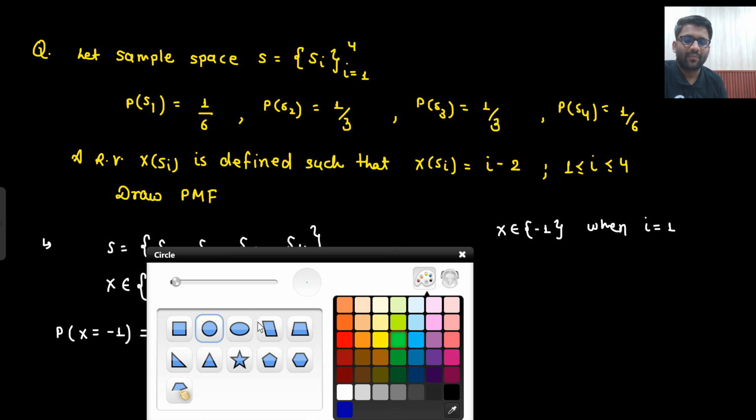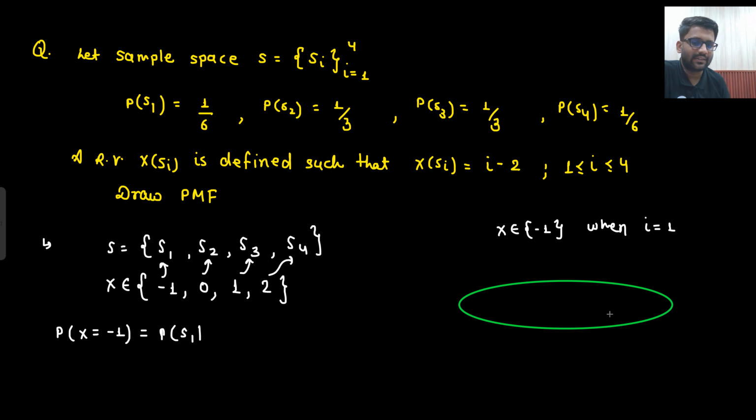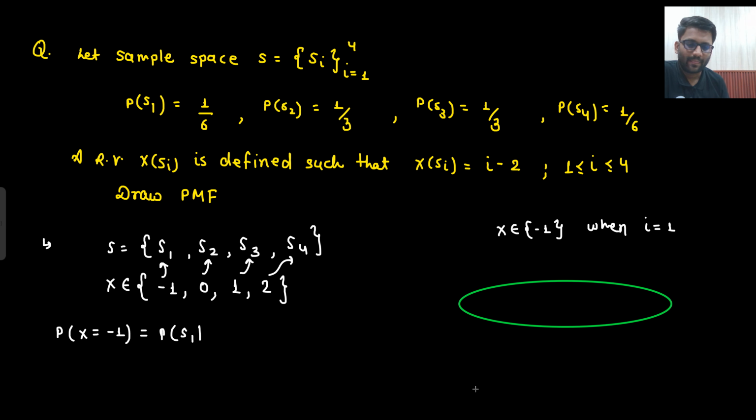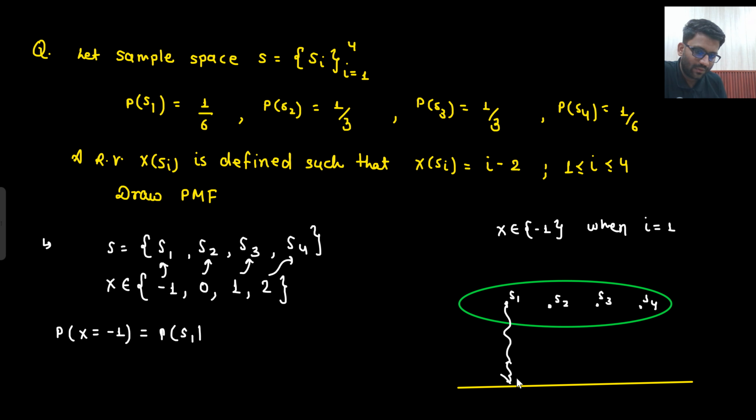So basically what really happened was that you have this sample space, and in this sample space there are 4 points S1, S2, S3, S4. These 4 sample points are there. So S1 has been mapped to, since this sample point has i equals to 1, 1 minus 2, that is minus 1.